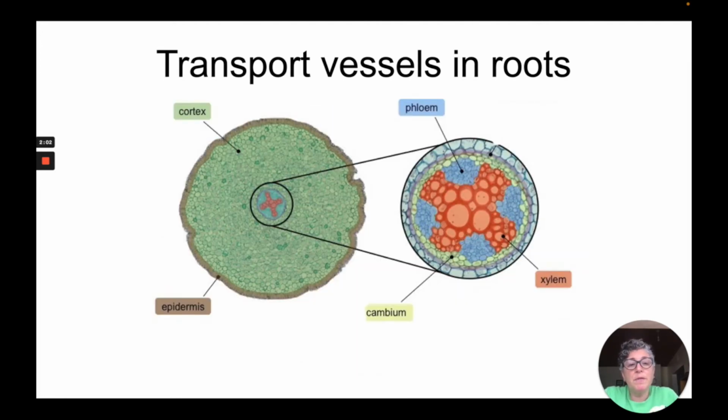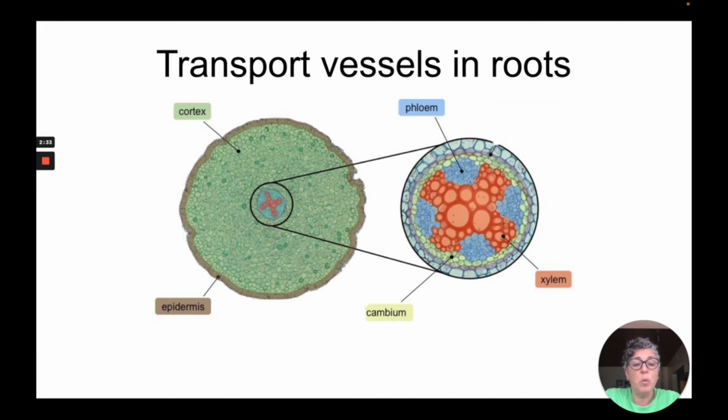Now the transport vessels in roots are located in the center of the root. If we zoom in and take a closer look, we can see that the xylem vessels will form an X or a T shape in the middle of that bundle, and the phloem will fill in the empty spaces between the legs of the X or the T shape.